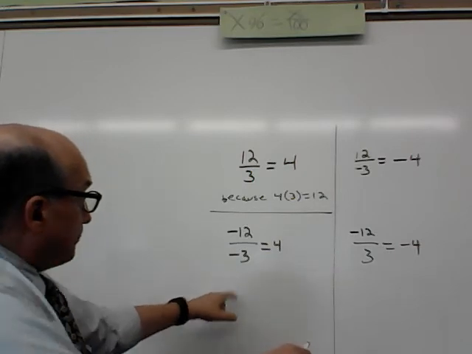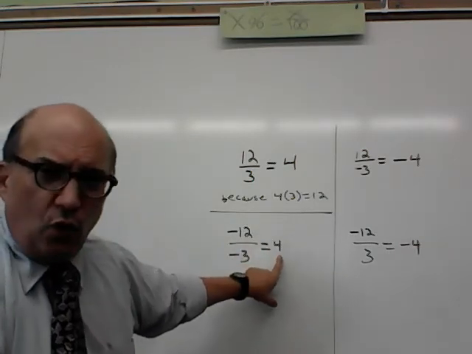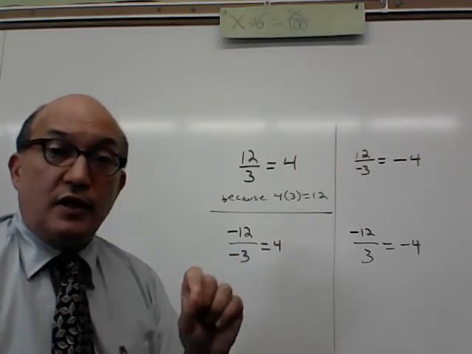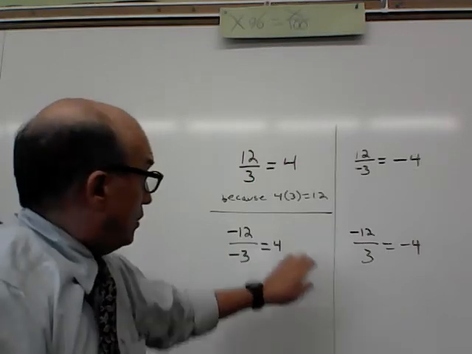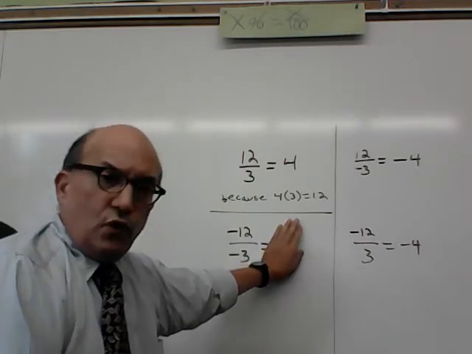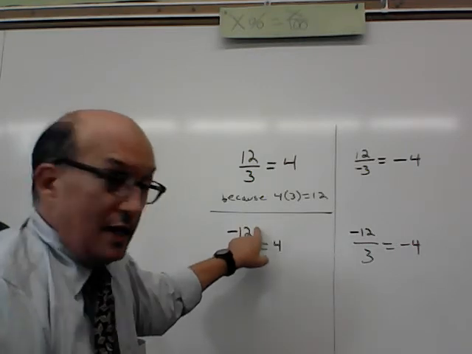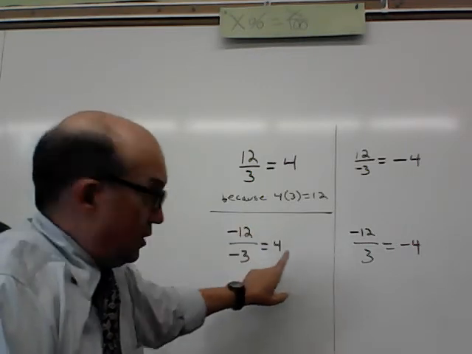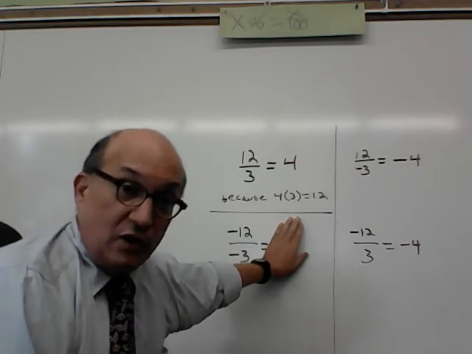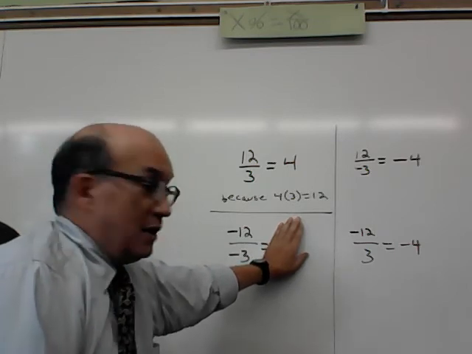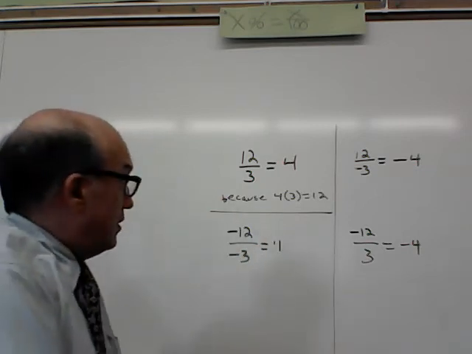Now look at this one. Why is this true? Why is the answer here 4? Well, according to the definition of division, a division is always a question about multiplication. What we're searching for here is a number that you can multiply -3 by to get -12. The quotient of the division, the answer to the division, you must be able to multiply that by the bottom number to get the top number.